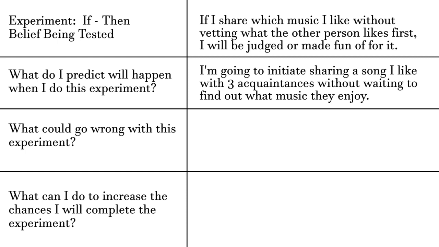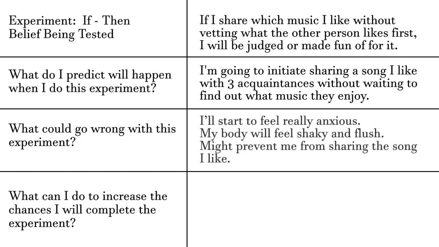Okay, next, in order to increase the chances that this will be a productive experiment, I want to write down any possible problems that might arise in completing the experiment and how I'm going to cope with or troubleshoot these challenges. As an example, a challenge that might arise is that I'll start to feel really anxious and my body will start to feel shaky and flush, which might prevent me from completing my goal of sharing the song I like.